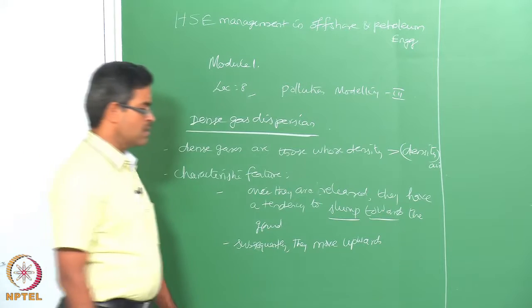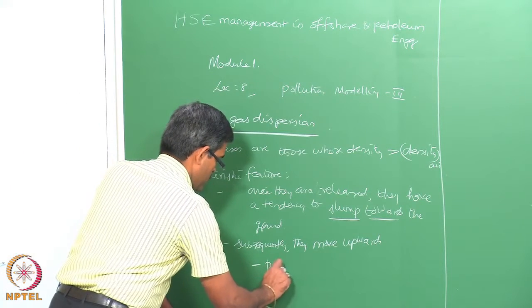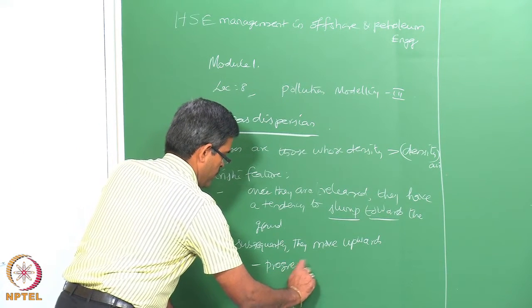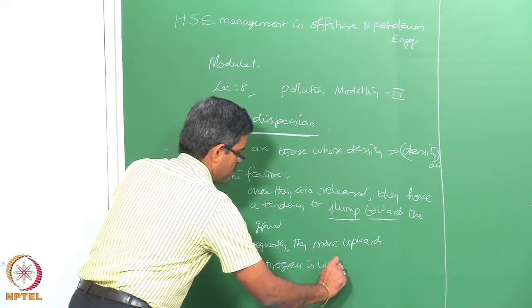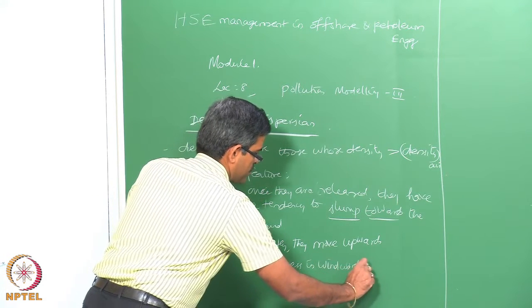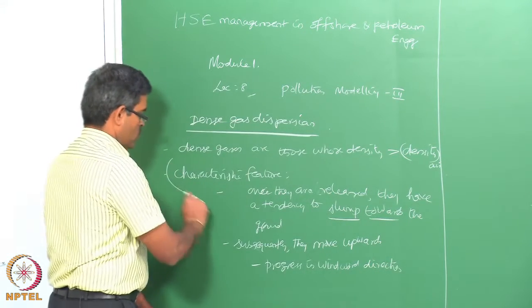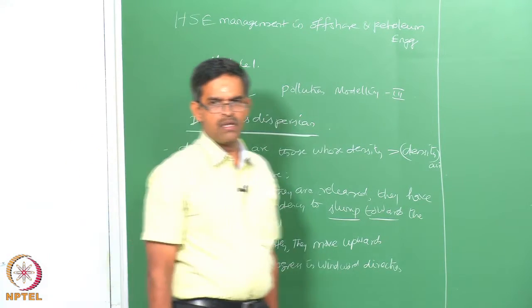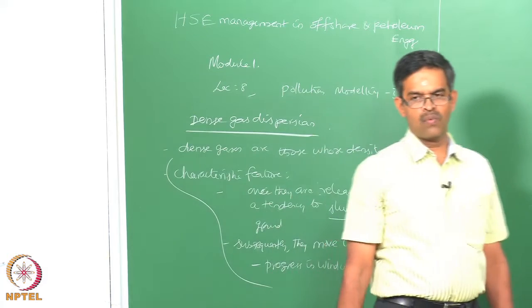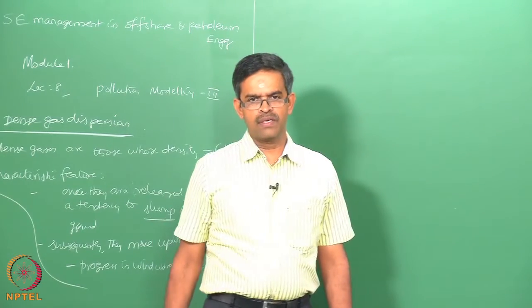Once they move upwards, they progress in the windward direction. That is how the flow is generally seen for dense gases once they are dispersed in the environment.